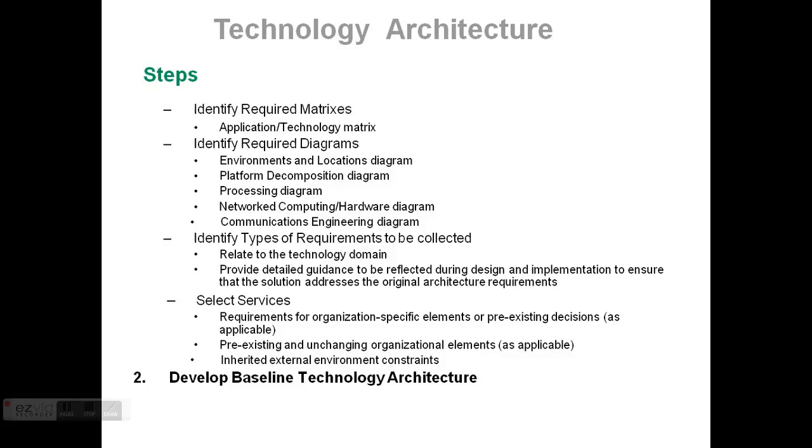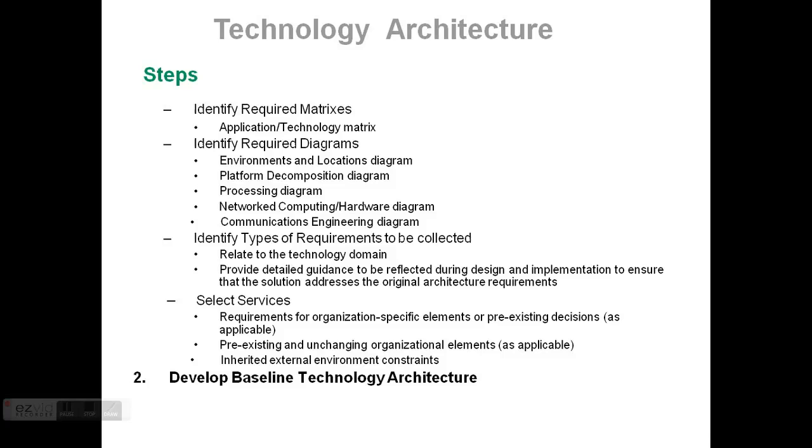Now, step 2 in our approach is to develop the baseline technology architecture. Okay, so what we need to figure out in this step is what it is we are standing on. What kind of technology is in place and how are we using those technologies. We develop a baseline description of the existing technology architecture to support the target technology architecture.